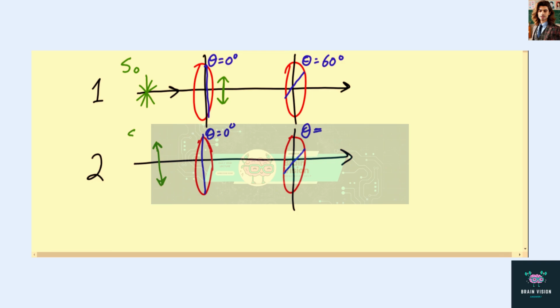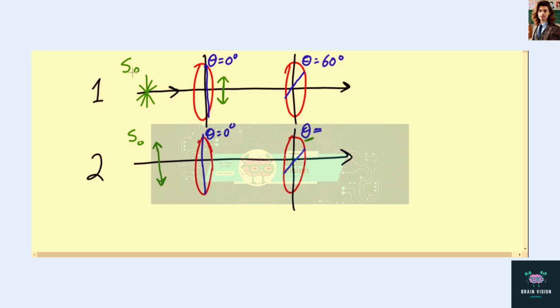It has the same intensity as in experiment 1, but now it just has to be polarized before it reaches that first polarizer. And so what we want to do is figure out what this theta will be in experiment 2 so that the intensity coming through both polarizers in this experiment will just be the same as in experiment 1. So let's figure out what that intensity is for experiment 1.